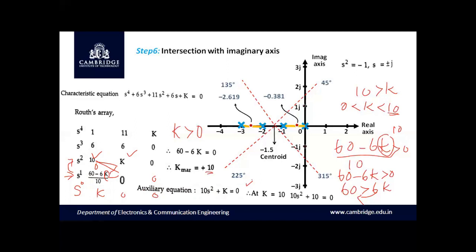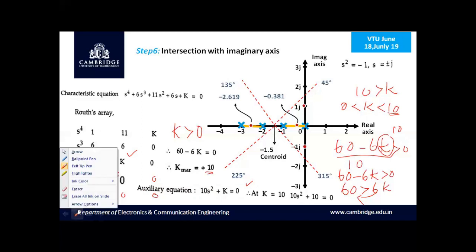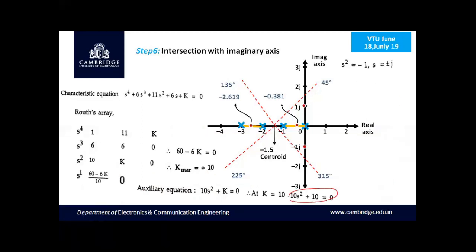At k is equal to 10, 10s square plus 10 equal to 0. After simplifying, 10s square will be equal to minus 10. Therefore, s square is equal to minus 1.